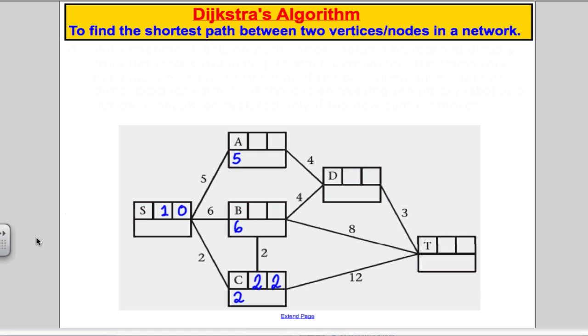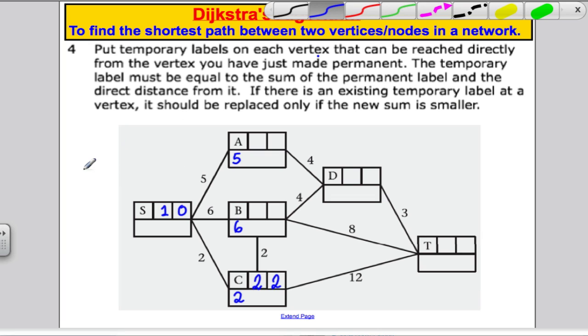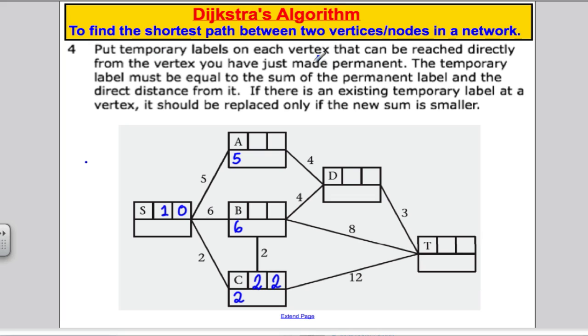Right, step 4. Step 4 says the following. Now, what that's saying is put temporary labels on each vertex that can be reached from the one you've just made permanent. This is the one I've just made permanent.